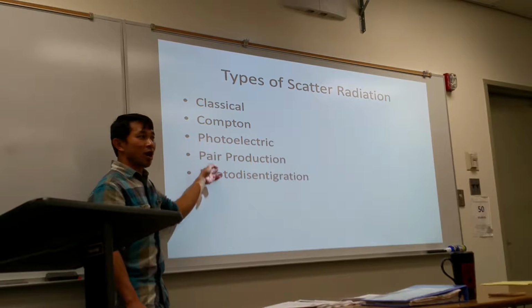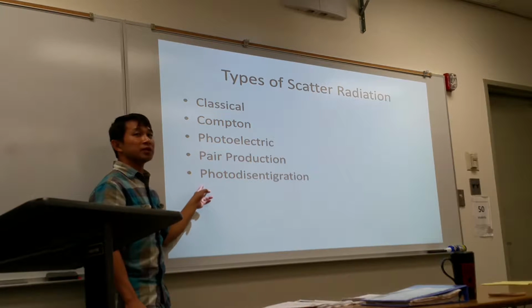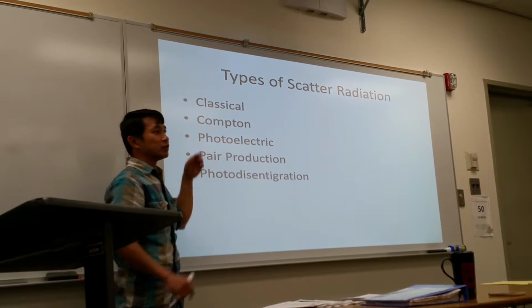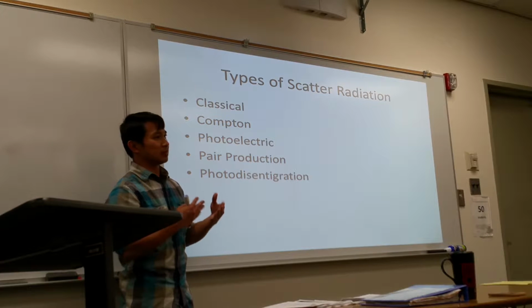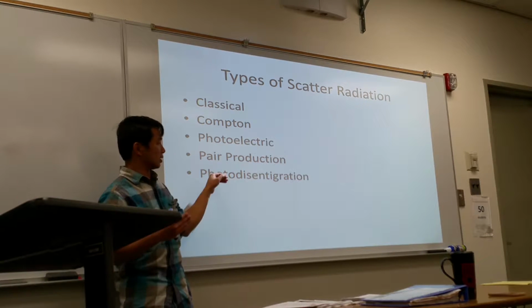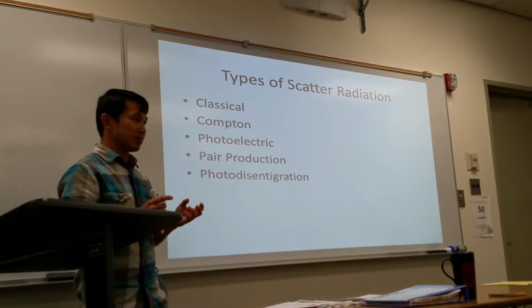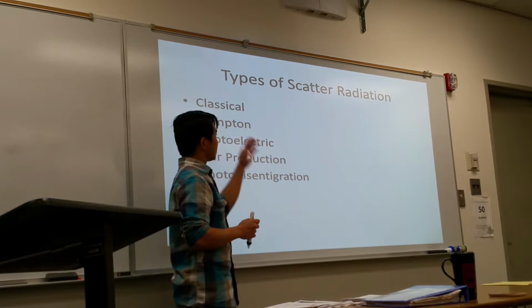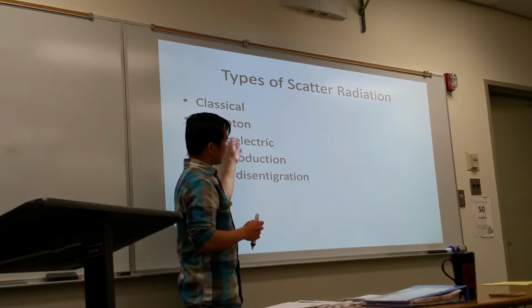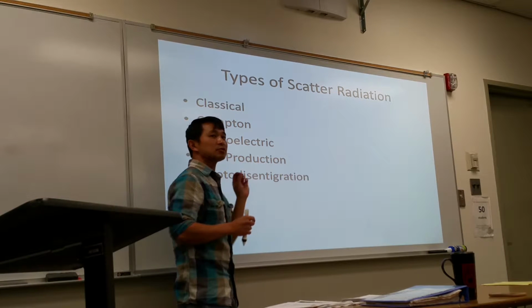As energy gets stronger, it interacts with the nucleus, from the whole atom down to the nucleus. From a weak energy primary beam interacting with the whole atom, which makes classical, to a high energy beam, which interacts straight with the nucleus.